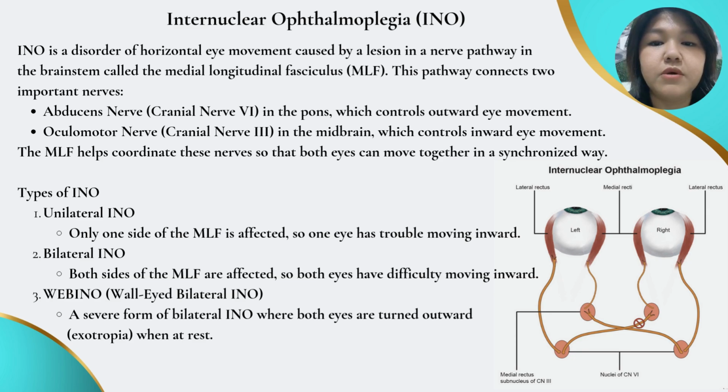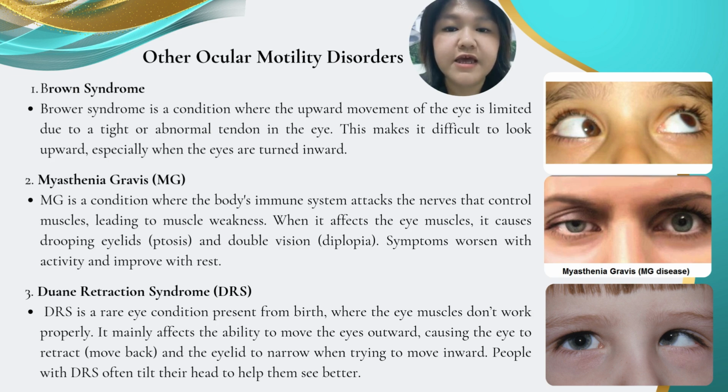WEBINO, or wall-eyed bilateral INO. This is a more serious form of bilateral INO, where both eyes turn outward, resulting in a condition known as exotropia at rest. Next, let's discuss other ocular motility disorders that also impact eye movement and alignment.